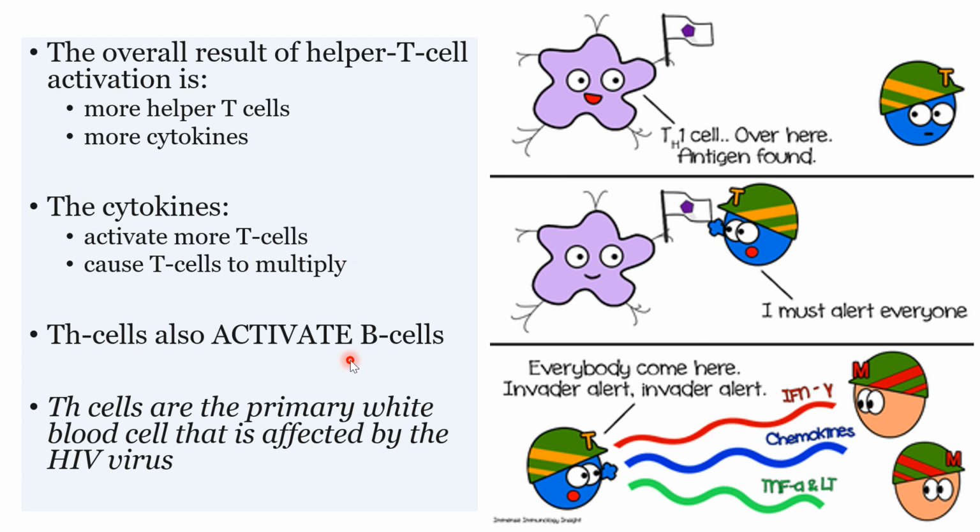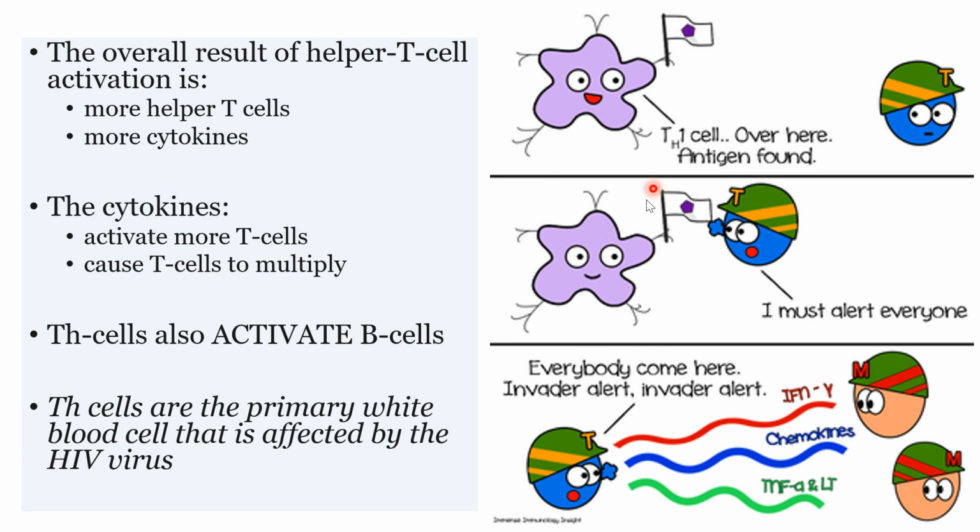So you've got your little guy right here, which is your T helper 1 cell, and it's letting everybody know, hey, I found the antigen, or I'm sorry, this is your dendritic cell, your antigen presenting cell, and your T helper cell over here is recognizing it, and it's saying, hey, T helper 1 cell, get over here. I found an antigen.